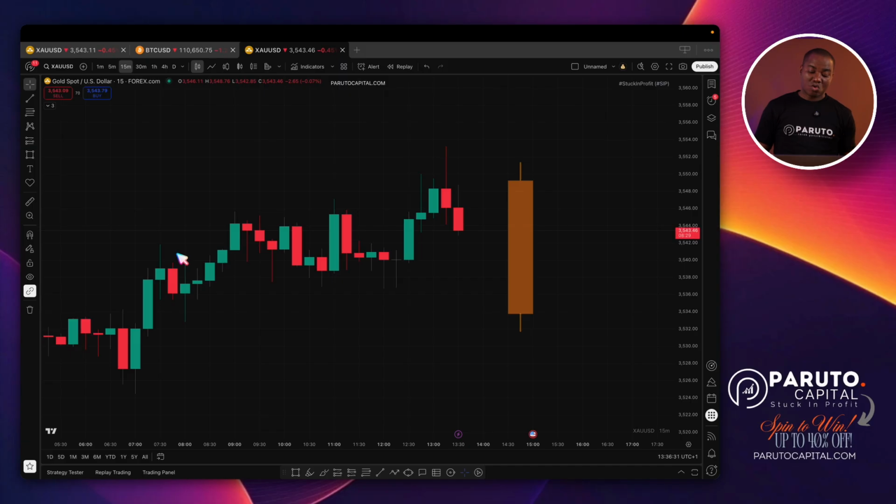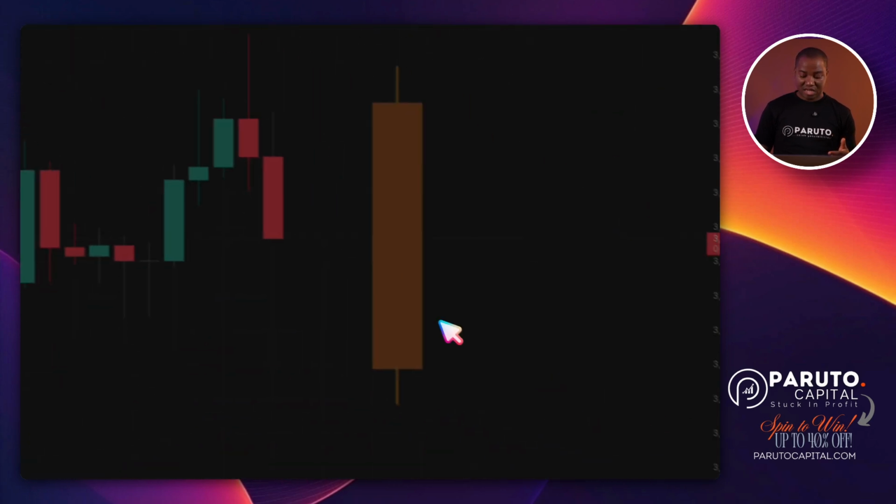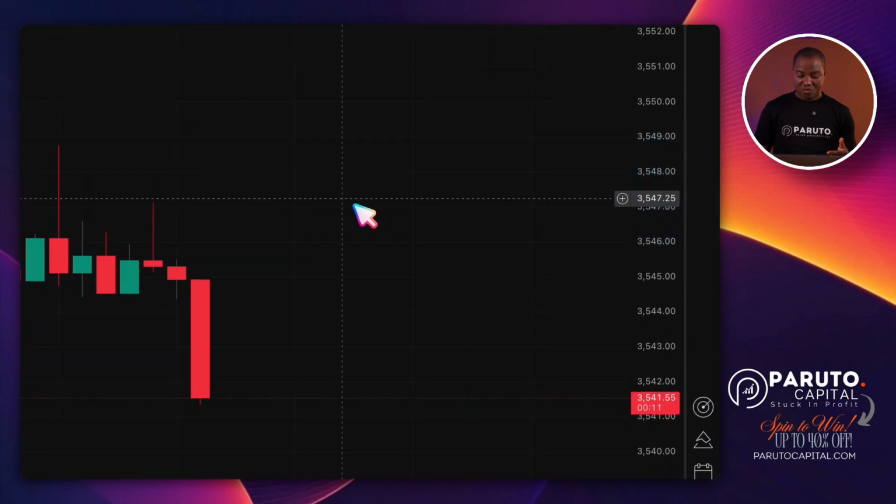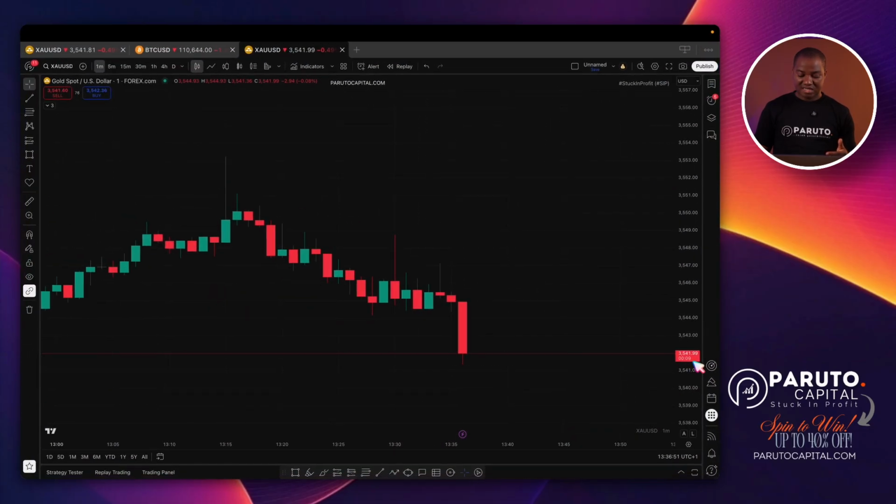So the body shows the opening and the closing price. So for a candlestick where you have, let's say for example, the candle starts. Let me go to the 1 minute so I can show you something. So here we have the 1 minute candlestick. You can see there's about 9 seconds for this candle to close.